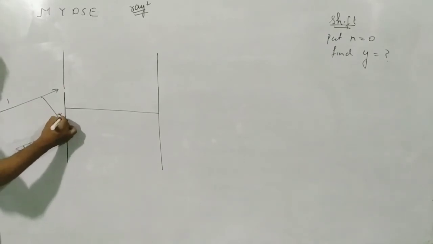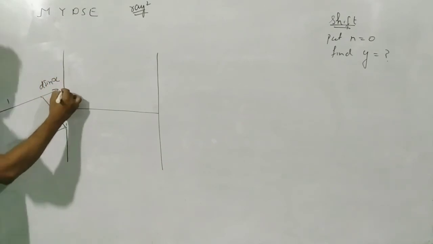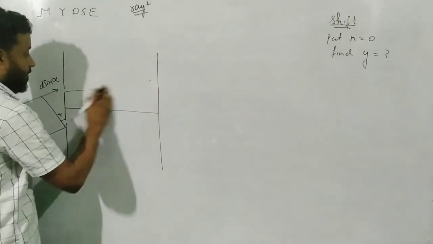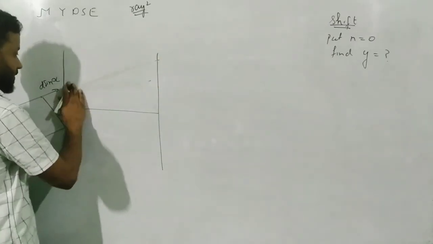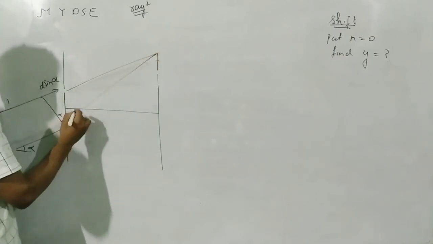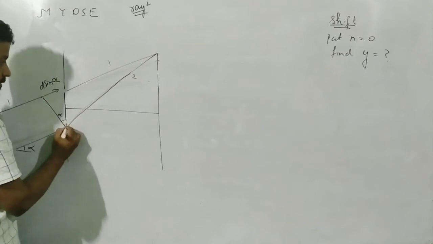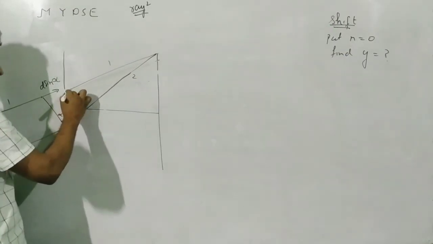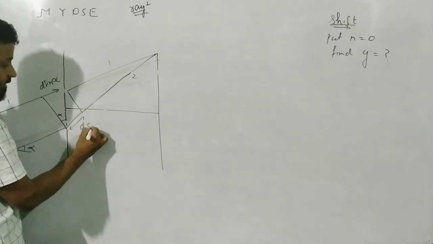So this angle will also be alpha, and right away you can say that this is d sin alpha. And then after the slit, let us say this travels a distance, and this also travels a distance. This is ray 1, this is ray 2. Then you will draw a perpendicular over here, and you will write this as d sin theta.